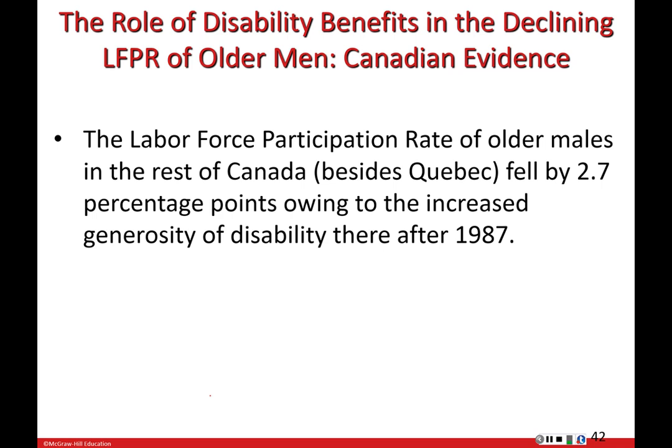Because disability payments are a kind of non-labor income. And we know that a hike in non-labor income does what? Raises workers' reservation wages. The workers become more choosy, so the wage they are currently receiving may now be less than their new higher reservation wage. And so they may decide to stop working.